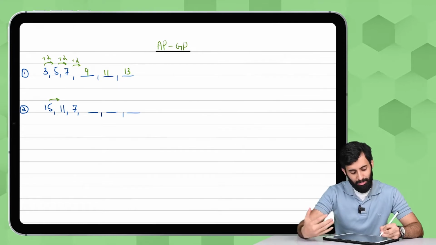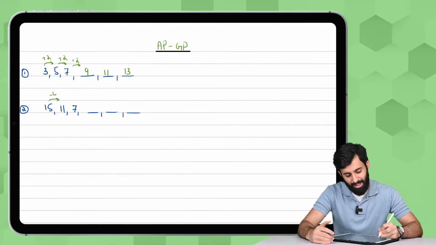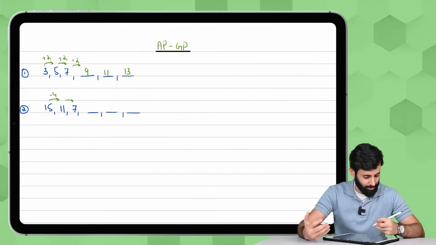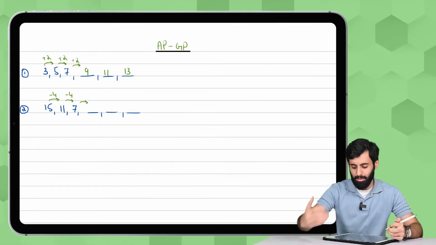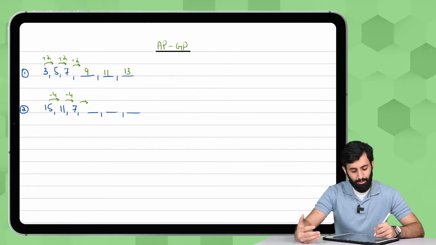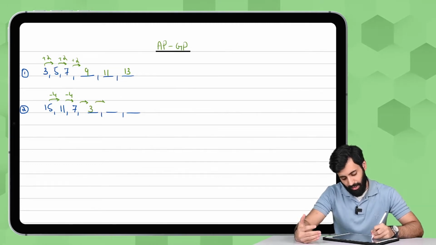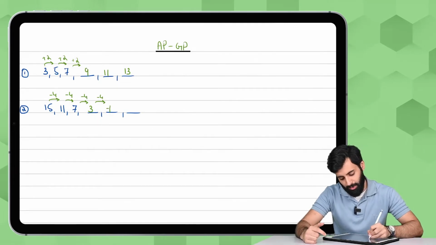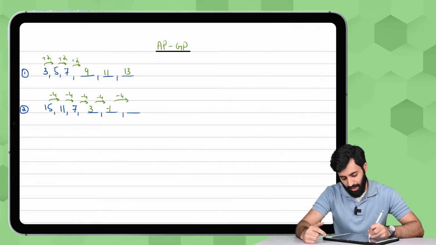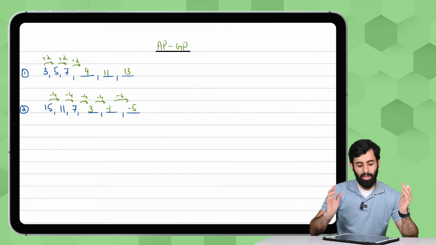So we can see that we're going from 15 to 11 by subtracting 4, and then we're doing exactly the same thing when we're going from 11 to 7. That means from 7 to the next term, we will subtract 4. So 7 minus 4 is 3, and then we continue doing the same thing over and over again. So we'll have minus 1, and then minus 4 again, so we have minus 5. Okay, so here's one example.